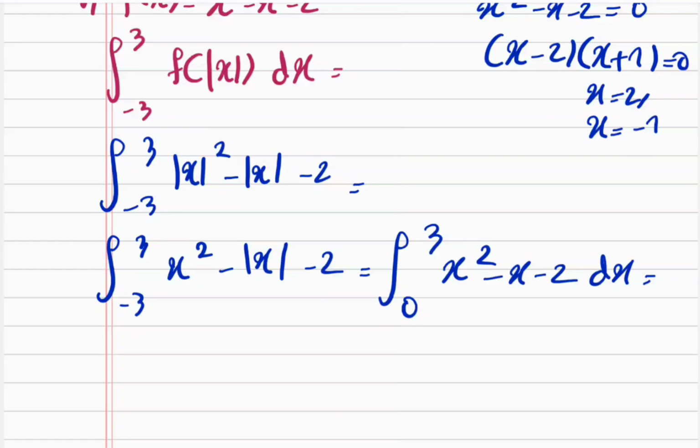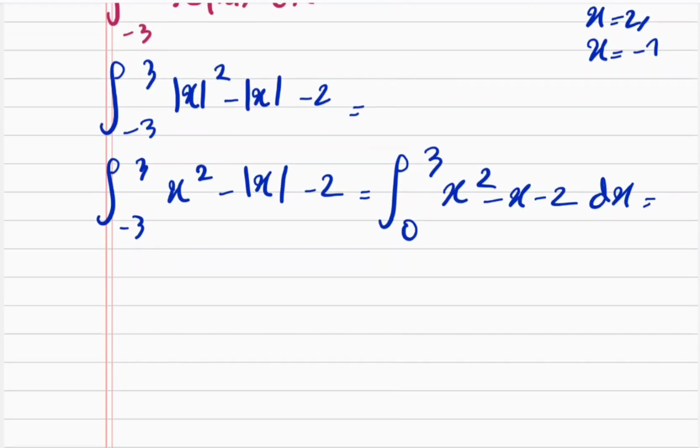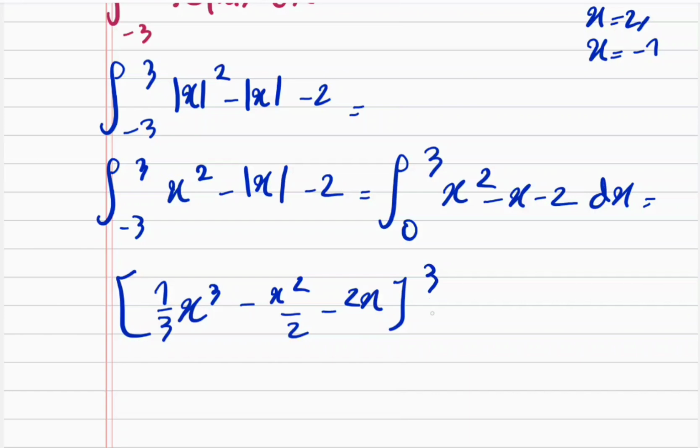And this allows us to integrate this as usual. So x squared integrates to 1 over 3 x cubed, minus x squared over 2, and then minus 2x. Now we just substitute 3 and 0.